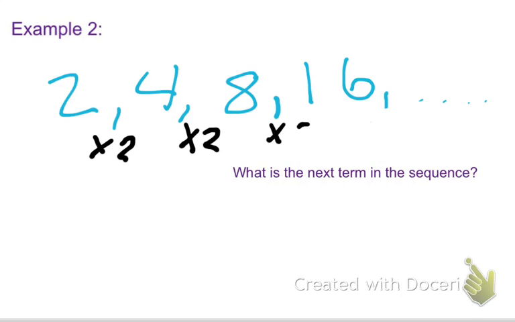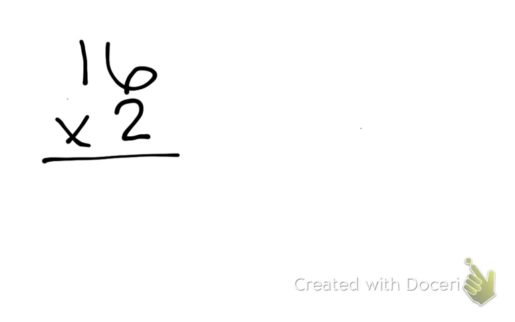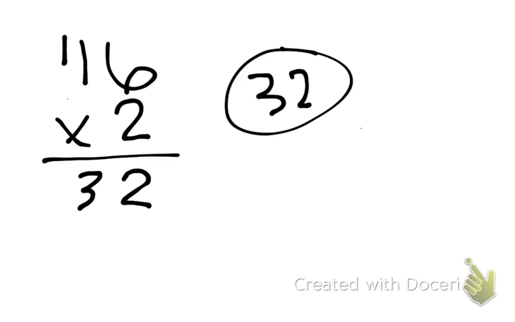So 8 times 2 is 16. 16 times 2: 6 times 2 is 12, carry the 1. 2 times 1 is 2, plus 1 is 3. So the next term of the sequence would be 32.